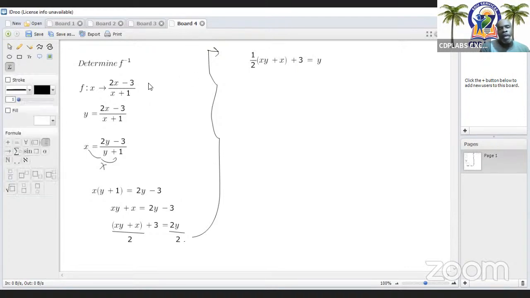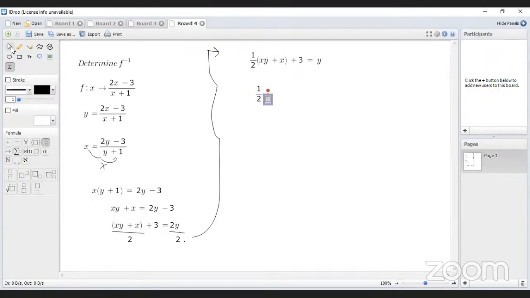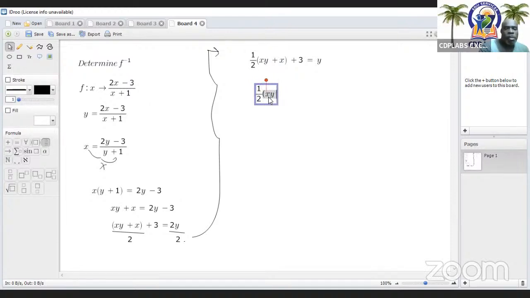When I carry over the y, it will be minus y. So you have half, the same way, the bracket xy plus x, close bracket, plus 3.